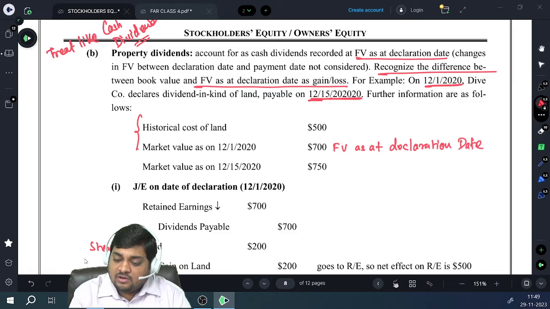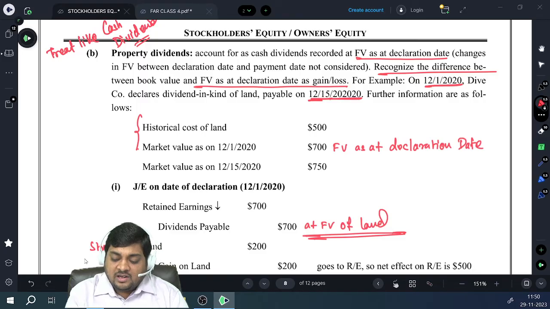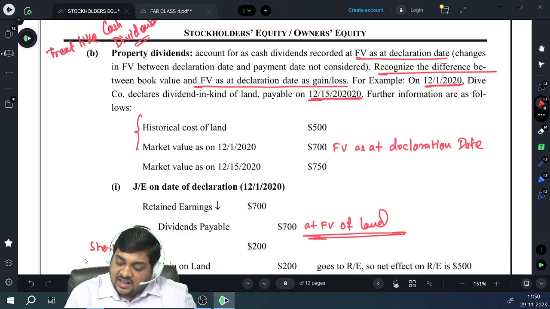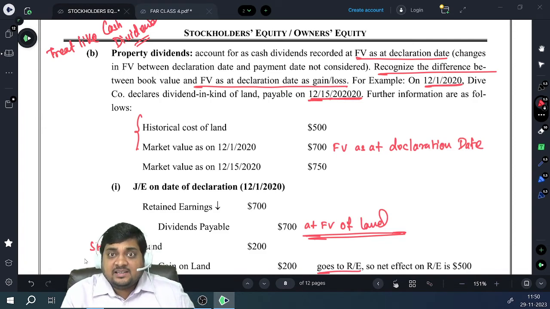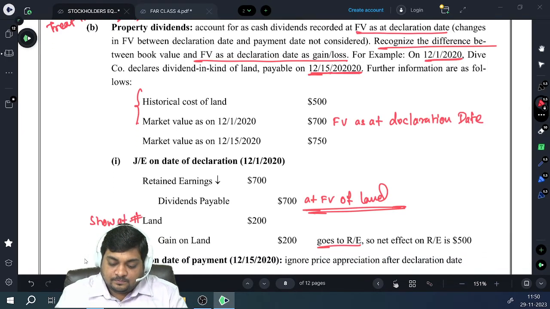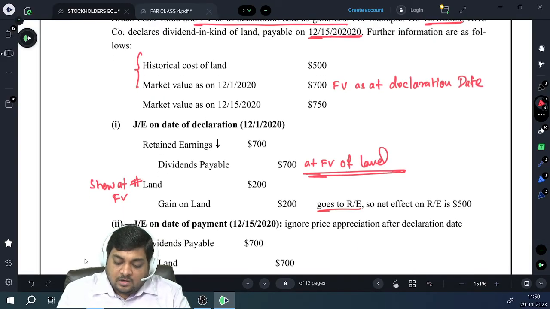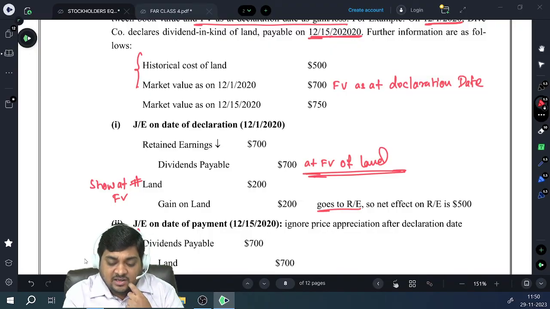And then we will show dividend payable at fair value, because this is the amount of dividend we are going to give. So now when you are showing gain, there is a gain of 200 that goes to retained earnings, and due to dividend, retained earnings decrease by 700. So the net effect to retained earnings is a decrease of 500. Now just like you're paying a cash dividend, you can give dividend and distribute land.